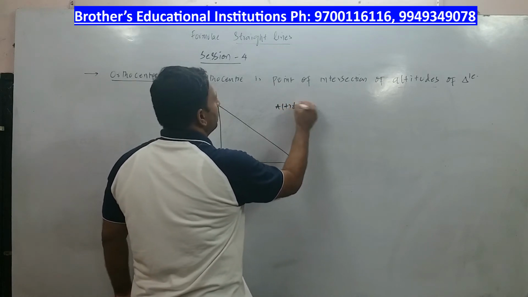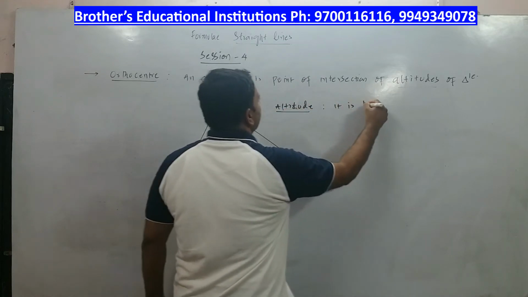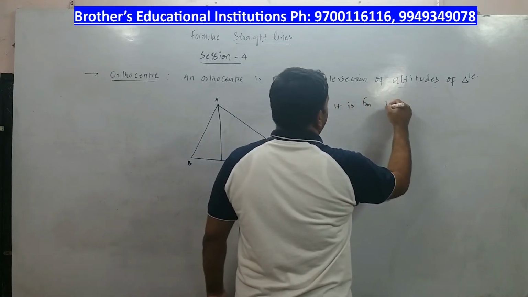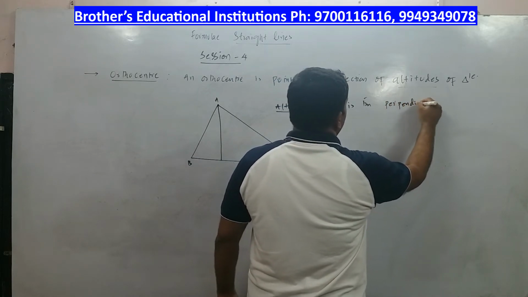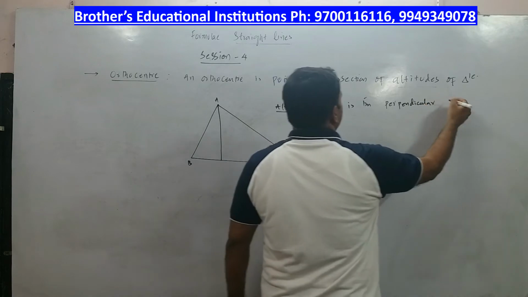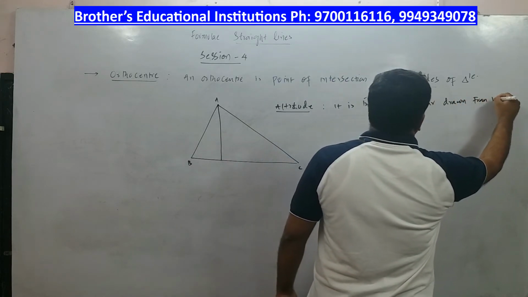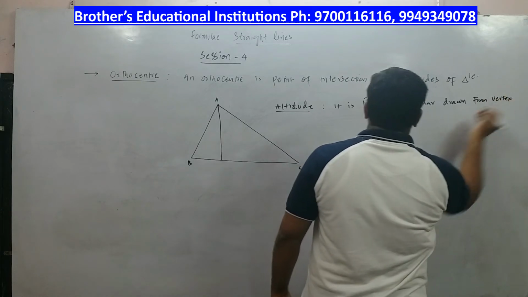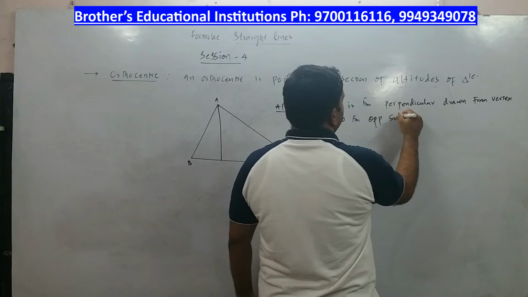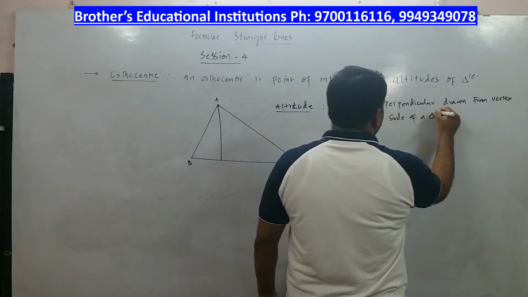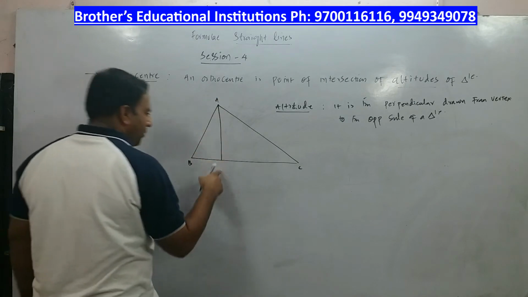It is the perpendicular drawn from vertex to the opposite side of a triangle. Altitude is the perpendicular drop from vertex to the opposite side of a triangle.